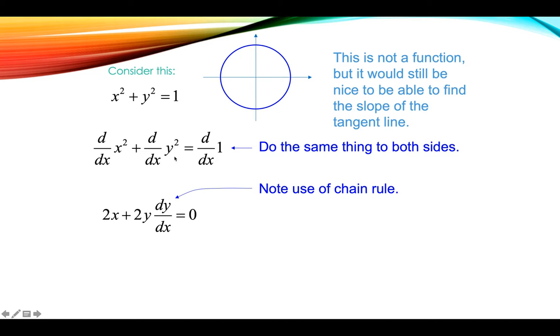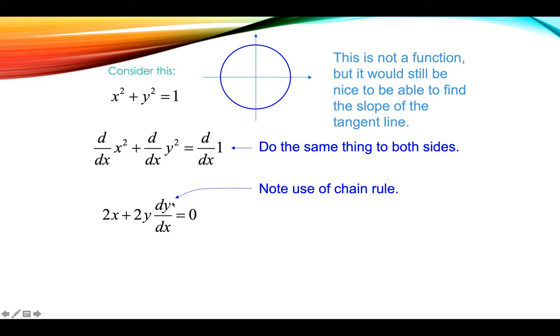So first, we're going to do the derivative with respect to y of our expression here. And so we're going to have 2y. And then the way we're going to express the derivative of y with respect to x is with this. It looks like dy divided by dx, and it's not. It's the derivative of y with respect to x.